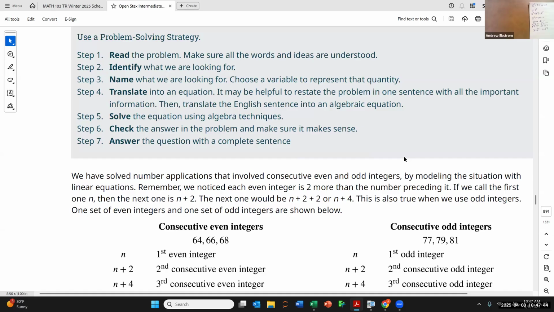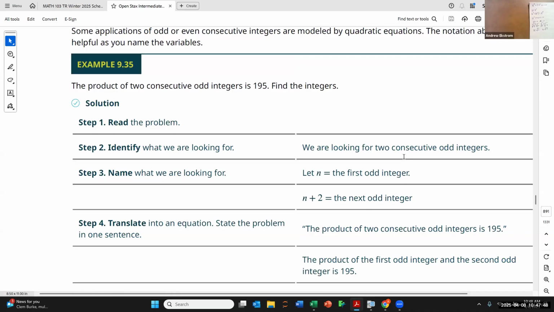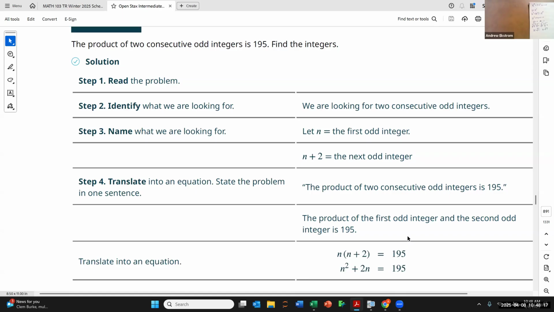With some of these here, depending on what your, say, Facebook or Twitter or whatever feed is filled with, they'll have a whole bunch of questions on there, like, can you name 2 consecutive integers, or can you name 2 consecutive odd integers. So it says down here, the product of 2 consecutive odd integers is 195. Well, how do we figure that out?